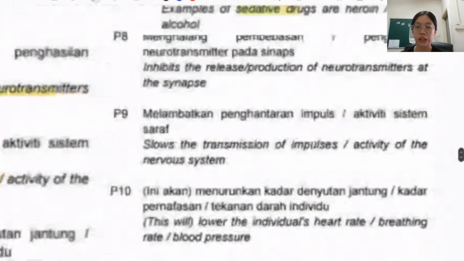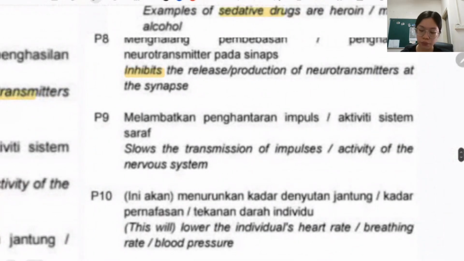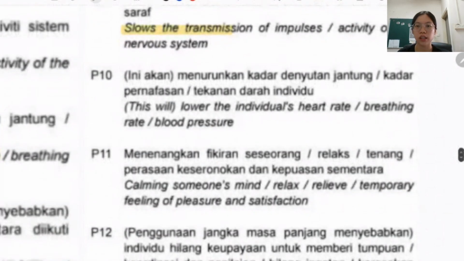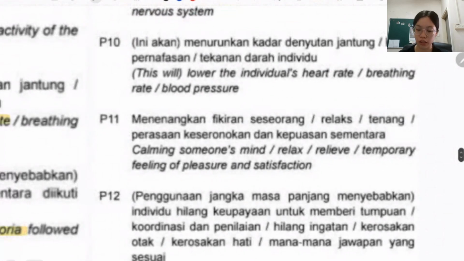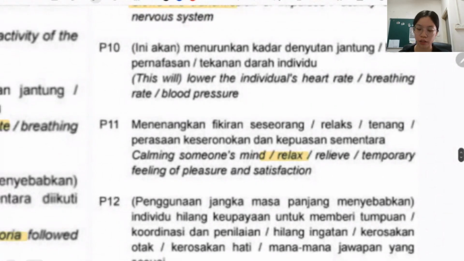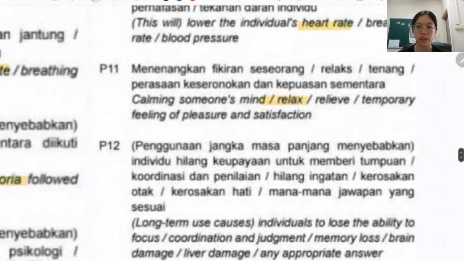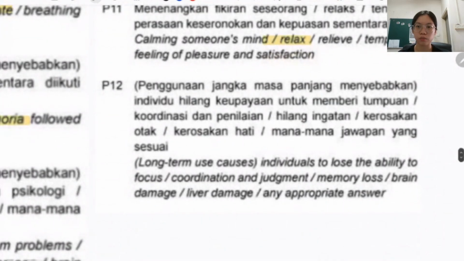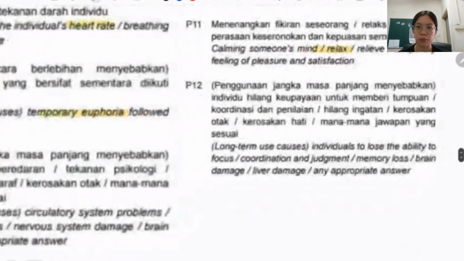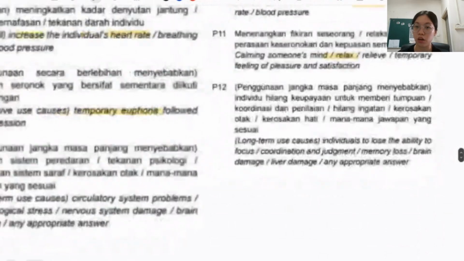So what does it actually do? It will inhibit the release of neurotransmitter. So when there is less, it will slow down the transmission of nerve impulses. Therefore, it makes that person feel relaxed, lowers the heart rate. And long term, you lose the ability to focus, memory loss.